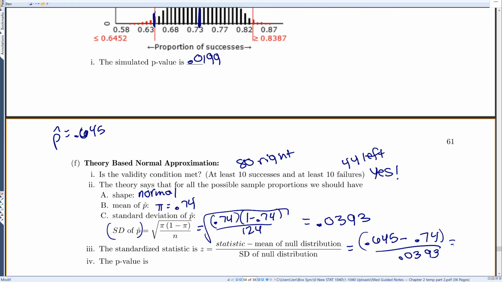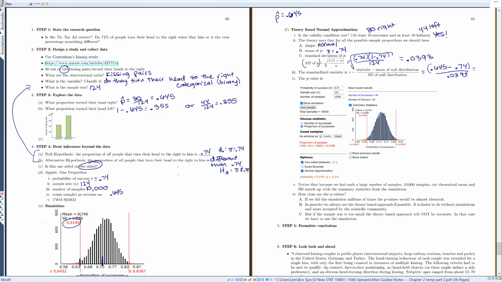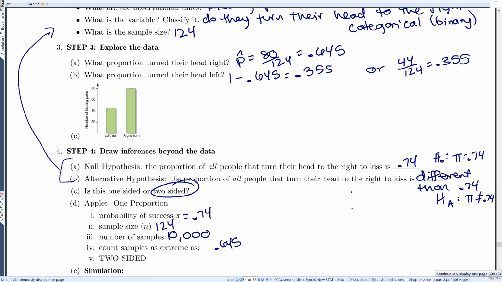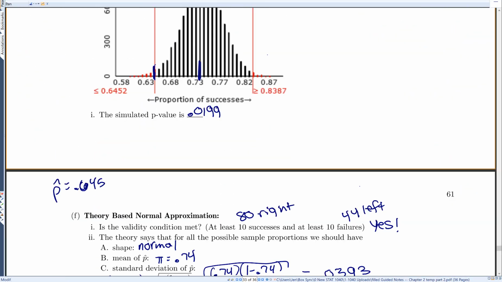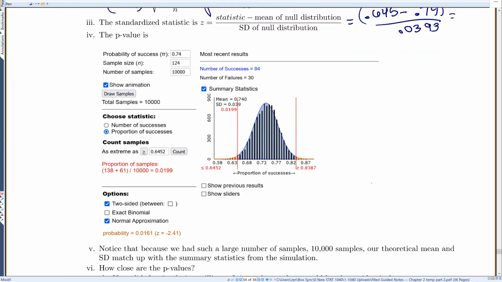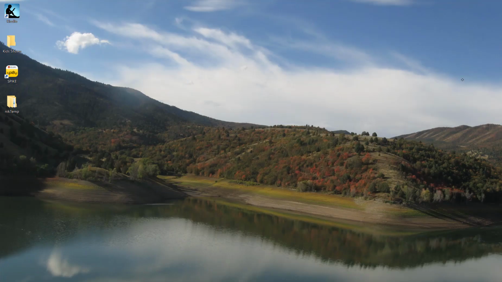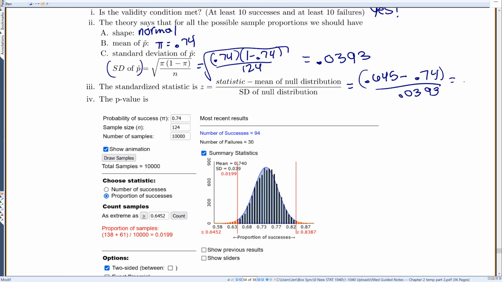So 0.645 minus 0.74 divided by 0.0393 equals, sorry, I'm having issues here. Negative 2.42.